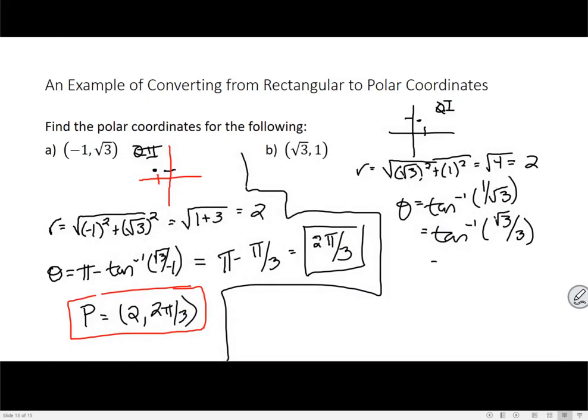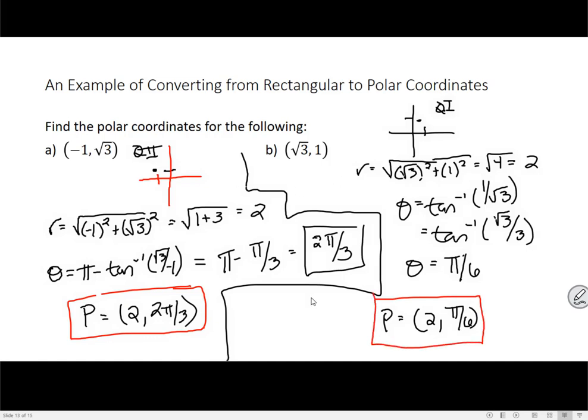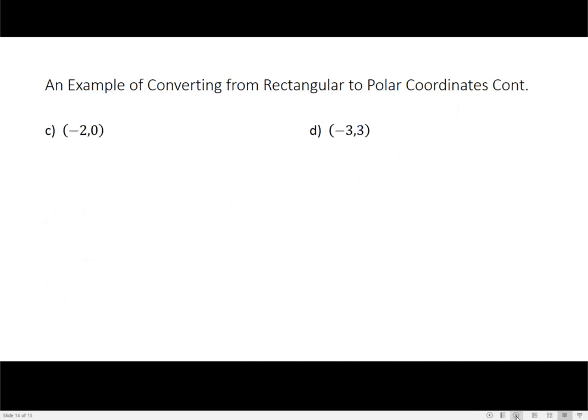So this is pi over 6. So now my point is 2, pi over 6. I have one more page just to get used to all of the different trig values here, and then you'll have one more quick check for this section.